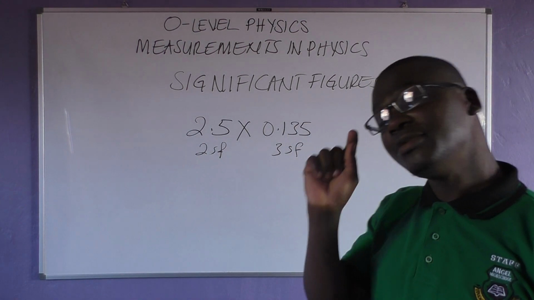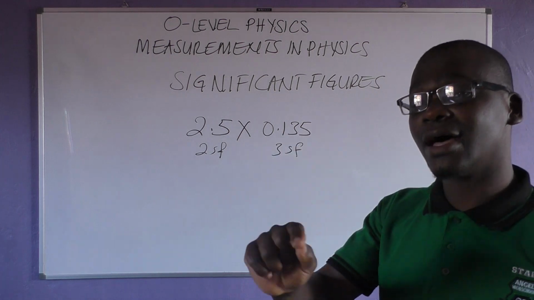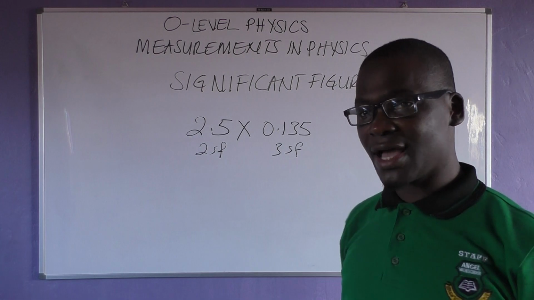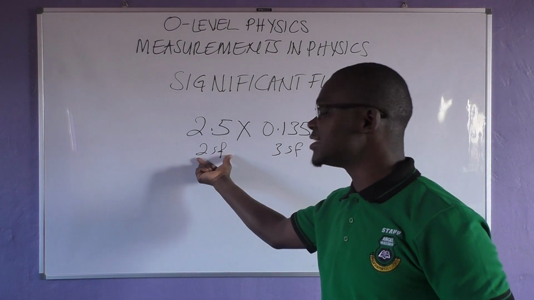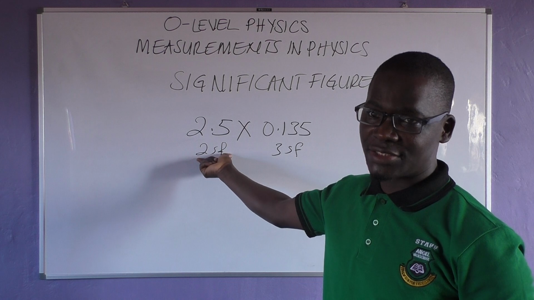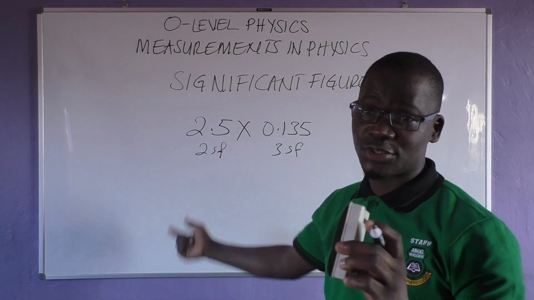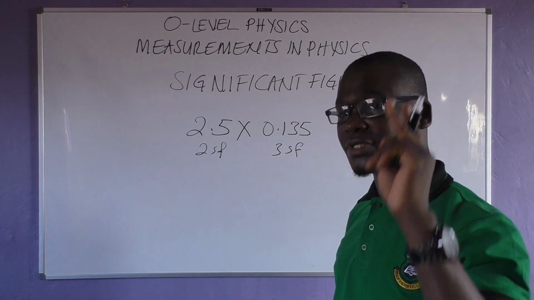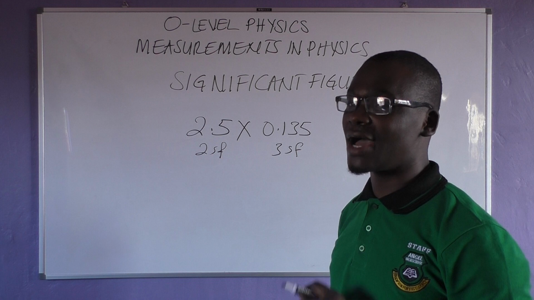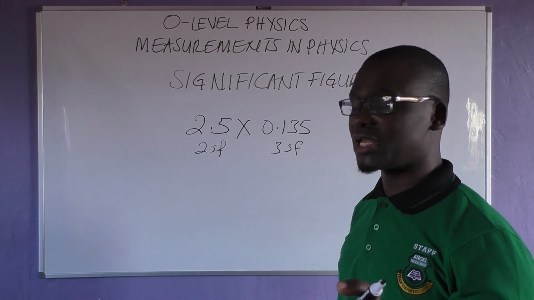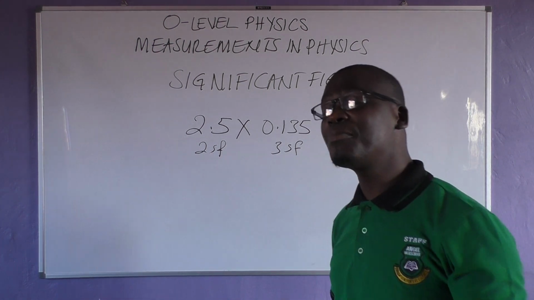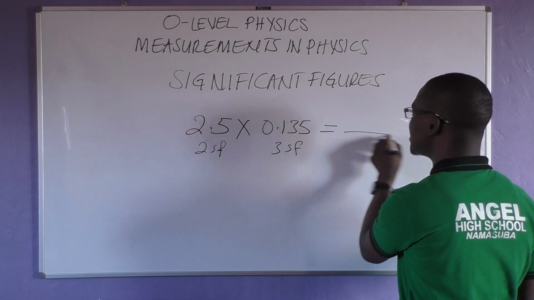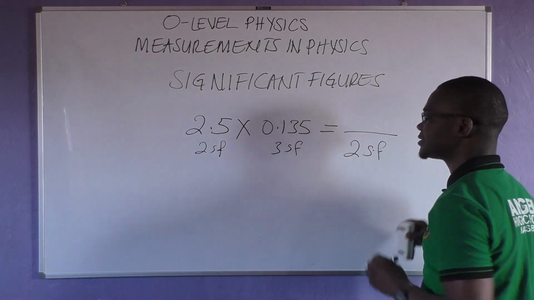So the law says that my answer should have the same number of significant figures as the one with the least number of significant figures. So the least number is 2, meaning that my answer should be to 2 significant figures. That is the law of multiplication. However, it also applies to division.